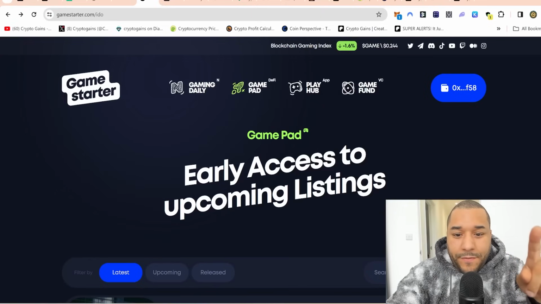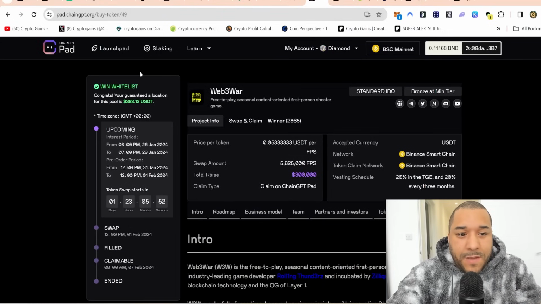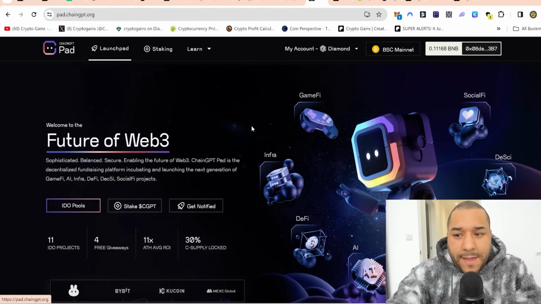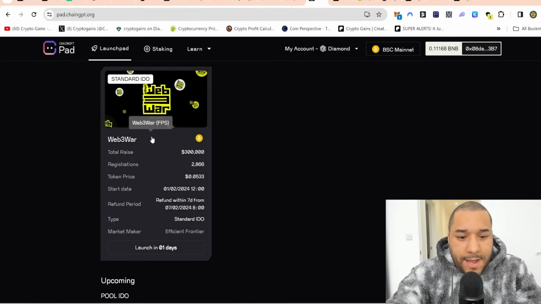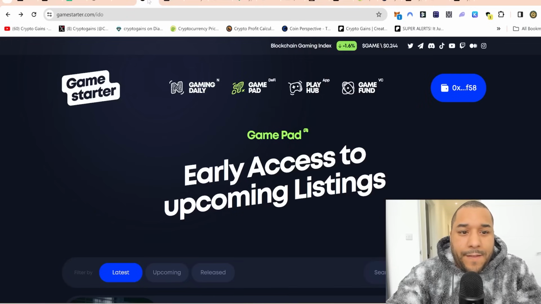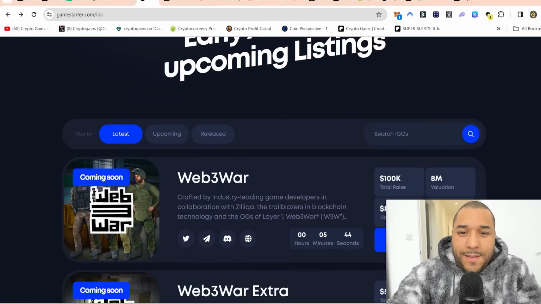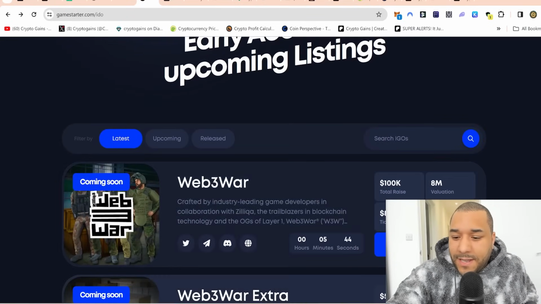And you do this with IDOs and IGOs, which are on launchpads, right? It's also launching on Chain GPT over here. You can see the launchpad over here, but that comes the day after. So you're actually getting in earlier if you go onto GameStarter. So this is what it's about, getting in early on these projects, making crazy gains.